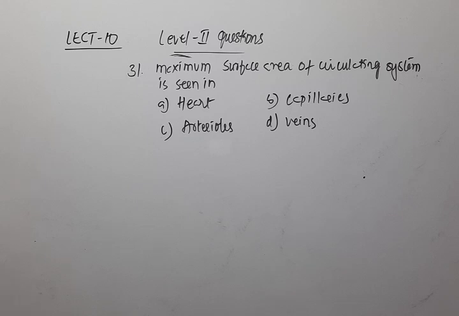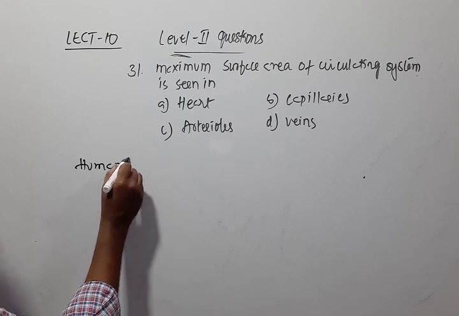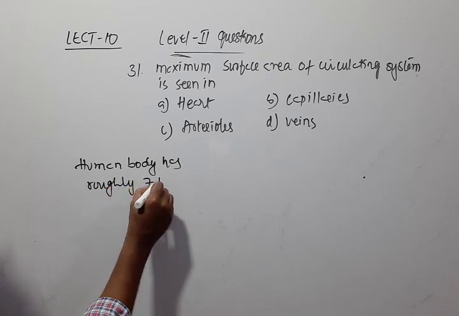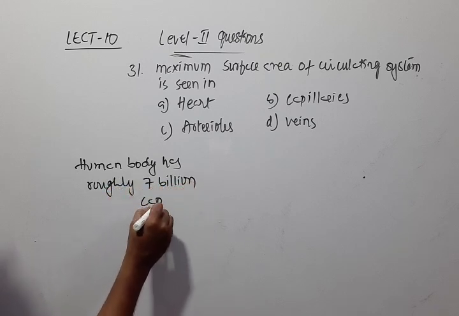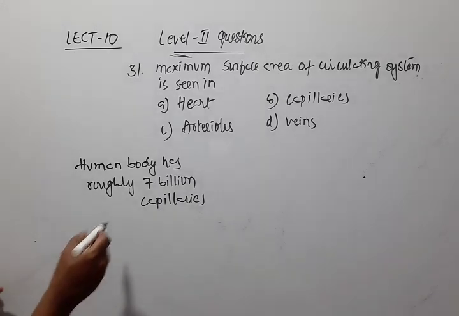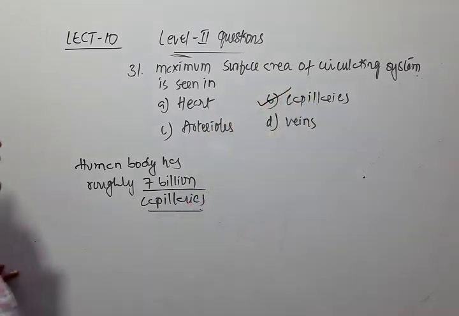In every tissue you will see capillaries, and the human body has roughly 7 billion capillaries. Hence they form the maximum surface area of the circulatory system in the body. So the answer is capillaries, not arterioles or veins.